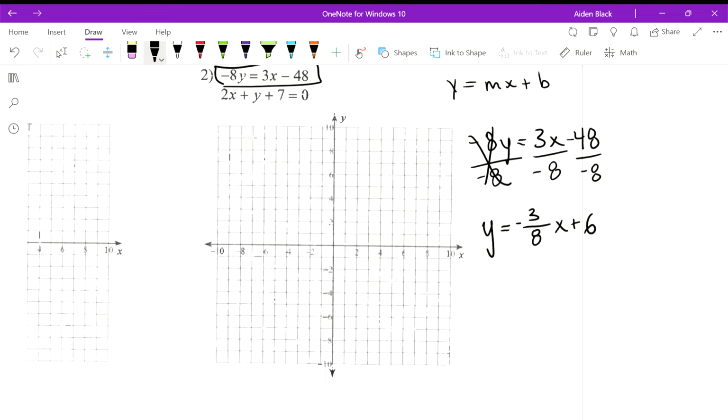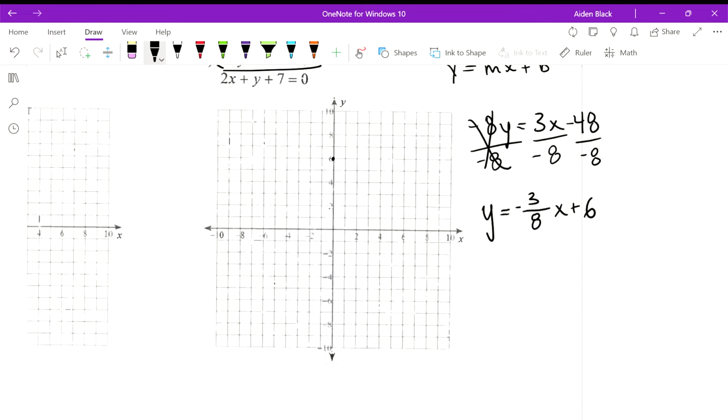Okay, so we know the y-intercept is 6, and we know the slope is down 3 to the right 8. So down 1, 2, 3, over 1, 2, 3, 4, 5, 6, 7, 8.